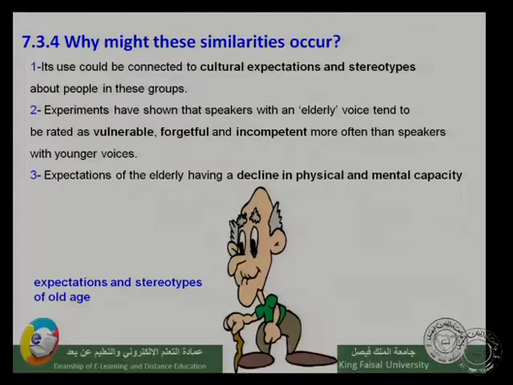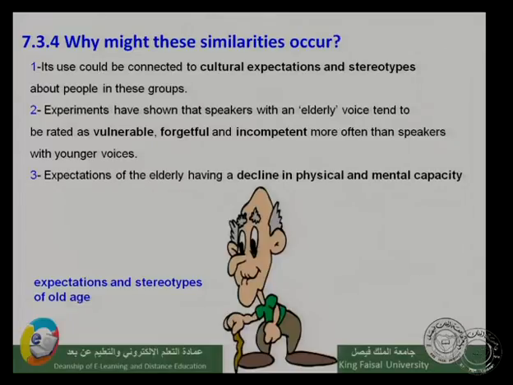But if we hear a person whose voice we judge as young, we will not say that he's vulnerable or forgetful or incompetent. But if the voice belongs to an old man, our assumption, our cultural expectation, is that he is incompetent, he forgets things very easily, and so on and so forth.